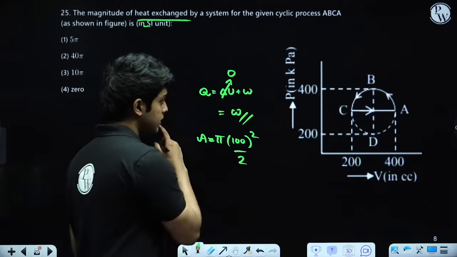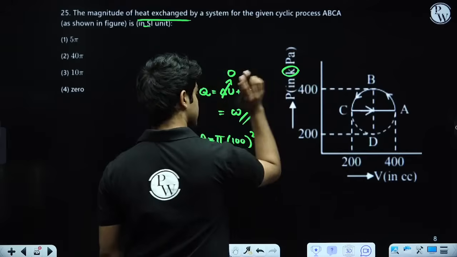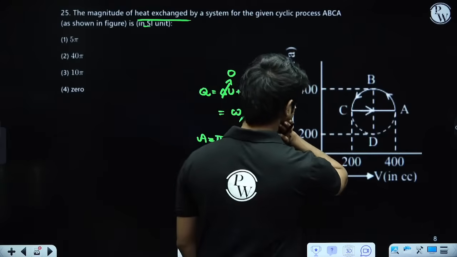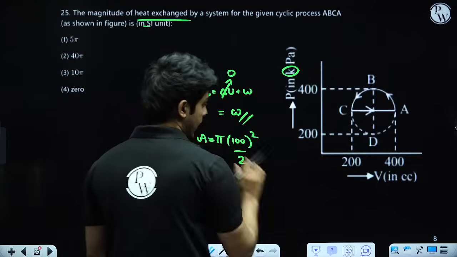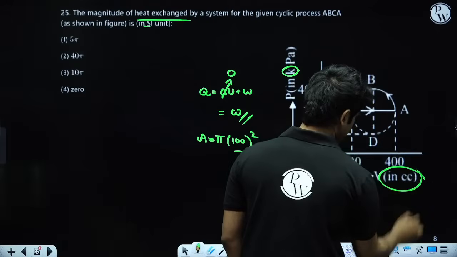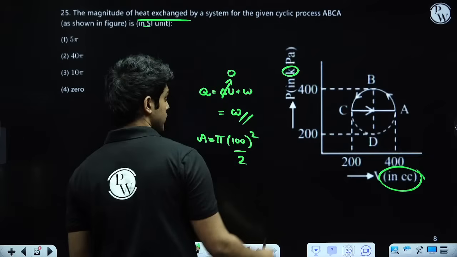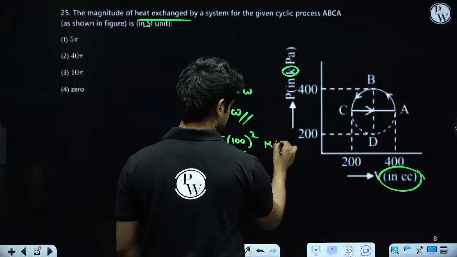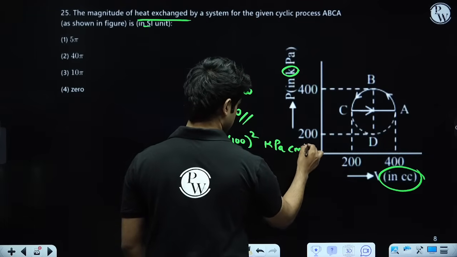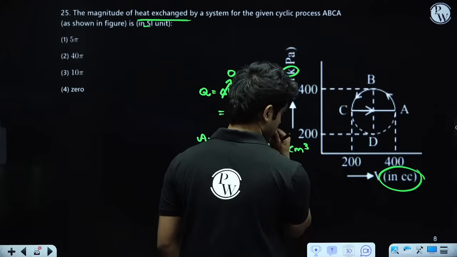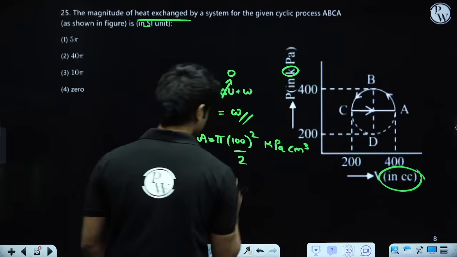But this is in kilopascals, and the volume is in cc, centimeter cube. So we have to do some conversion. So this will be kilopascals centimeter cube, pressure into volume.